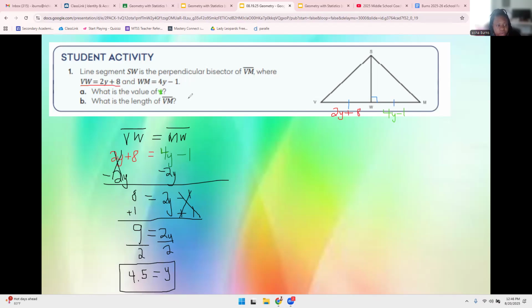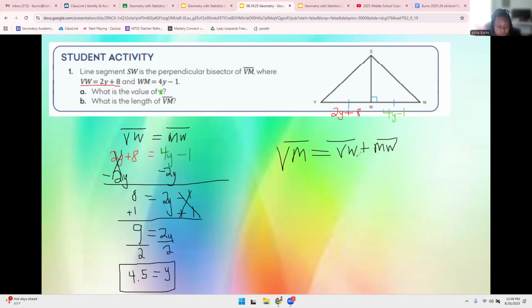And for part B, we want to figure out what is the measure of VM. I know that together, based on segment addition that we've already learned, VM is equal to VW plus MW.